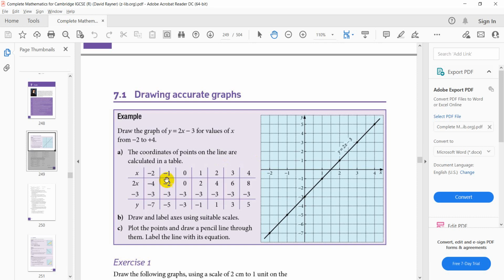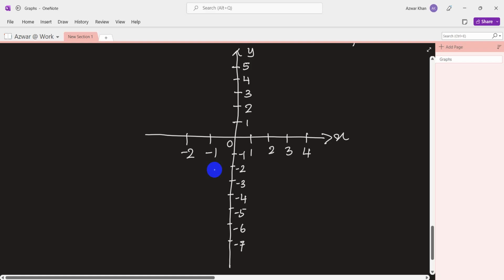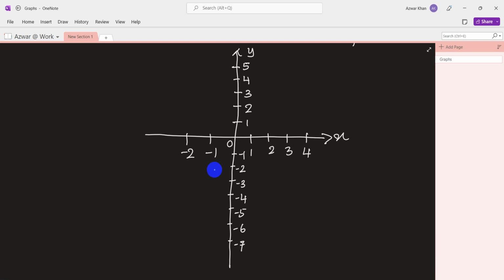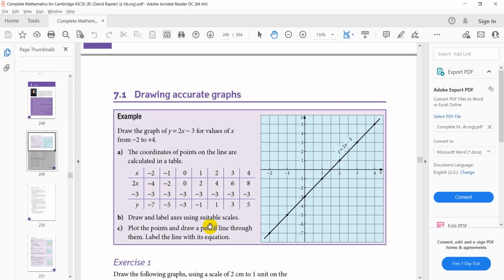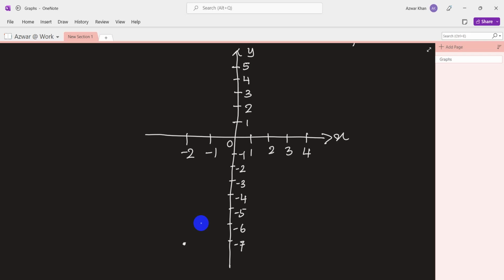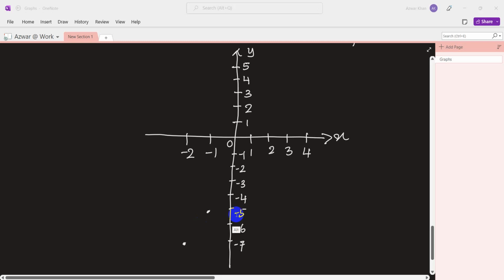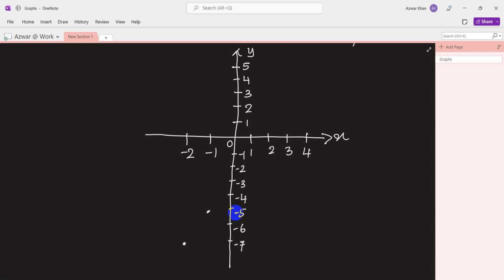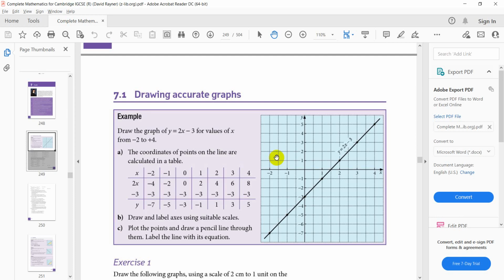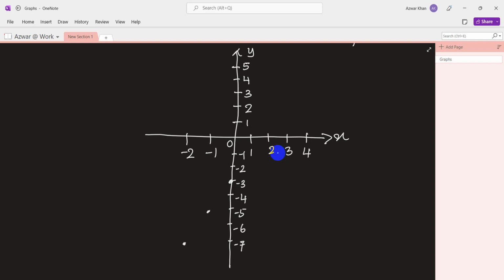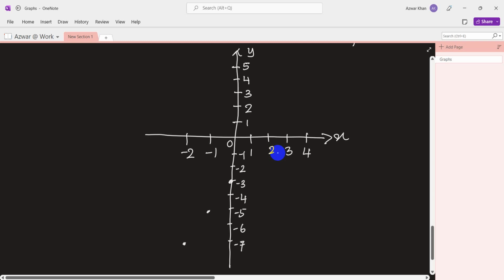So let's plot each value. -2, -7, so x is -2, y is -7 over here. -1, -5, that is this point. And we have 0, -3, that is on the y-axis. 1, -1, so that is somewhere here.